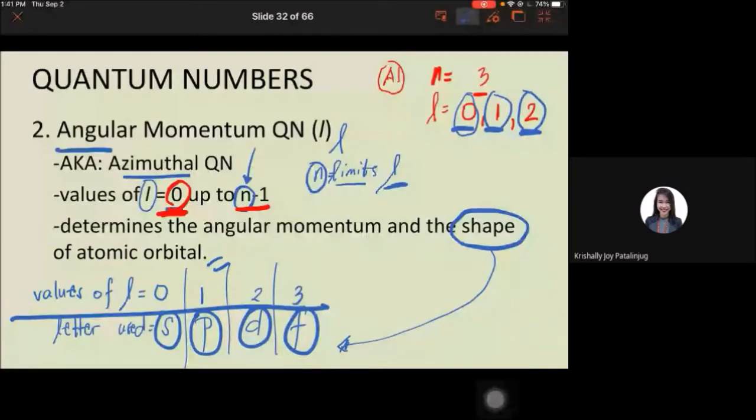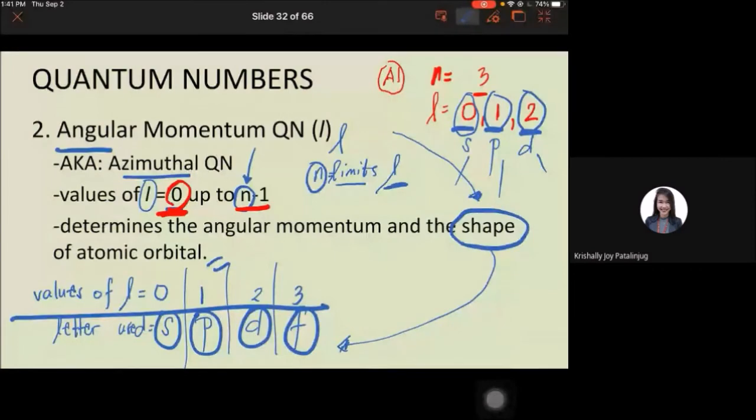Para may relative importance na yun yung shape. Kasi pag 0 lang yung ilagay mo, malay ba natin kung ano yung shape niyan? Mas mabuti yung alam mo na 0 ay S, kapag 1 P, 2 D. Kasi S is spherical, P somehow is dumbbell shape, D is clover leaf.